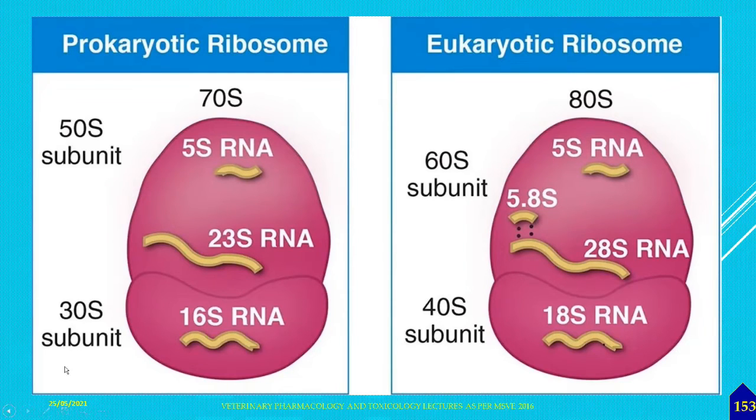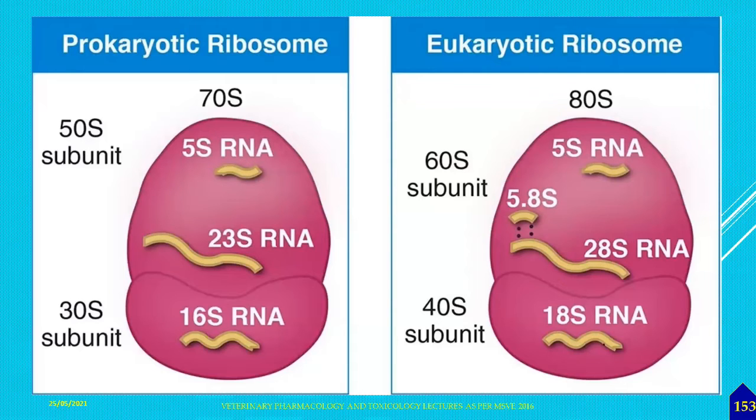Whereas the 30S subunit, so the difference is that different antimicrobial drugs like the aminoglycosides are going to bind with 30S ribosomes. So the 50S subunit and the 30S subunit.